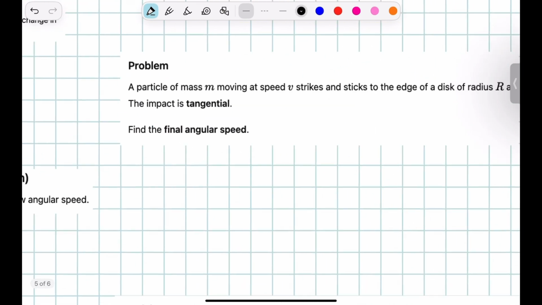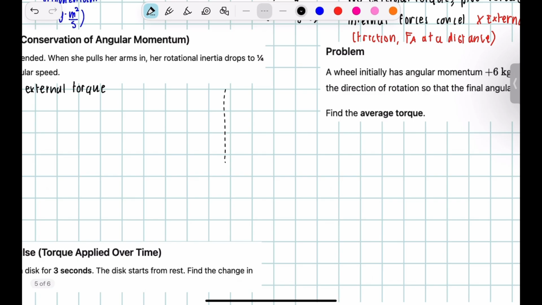When we have this figure skater, she's going to be spinning in a circle like this. She has her arms out, and then her feet are like this, and then her arms are in. So this is final, and then this is the initial.